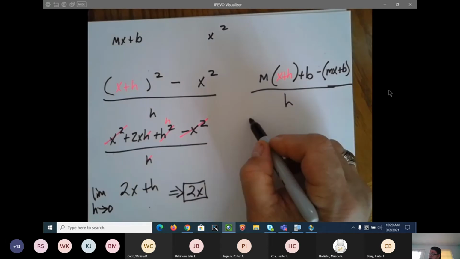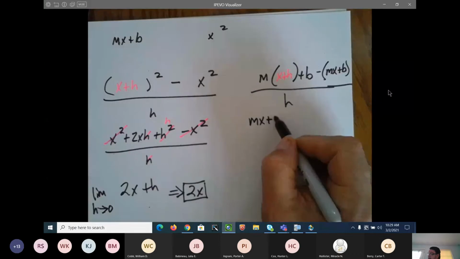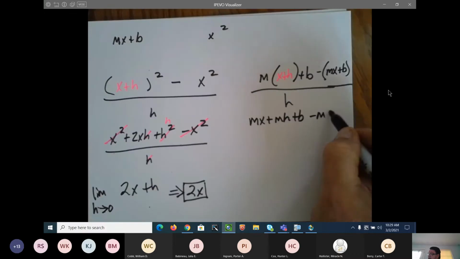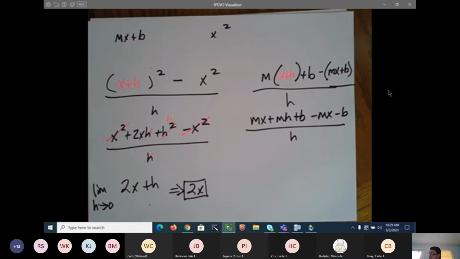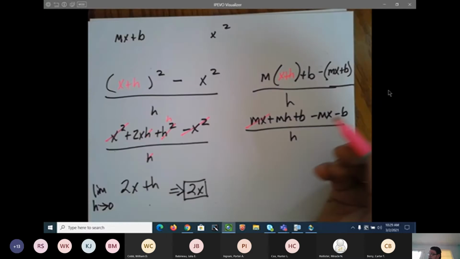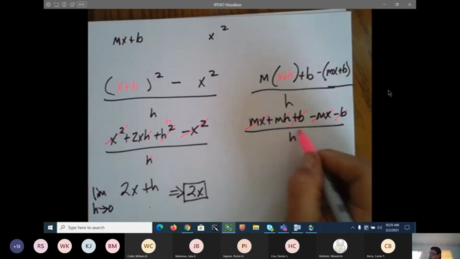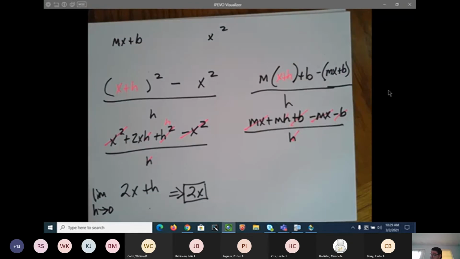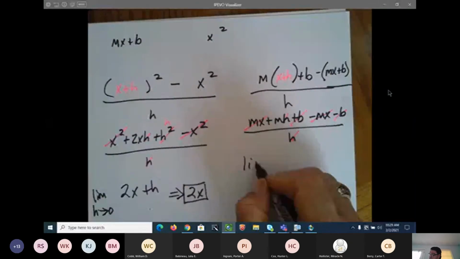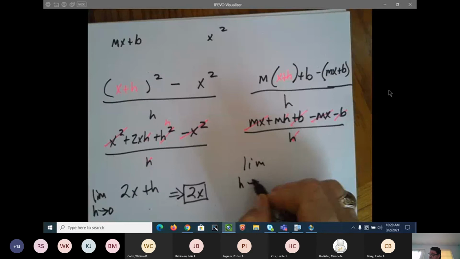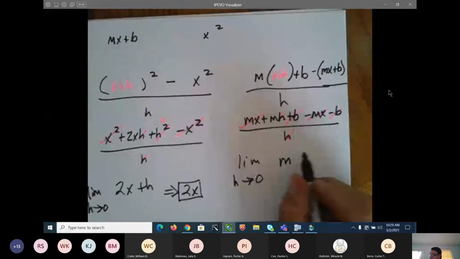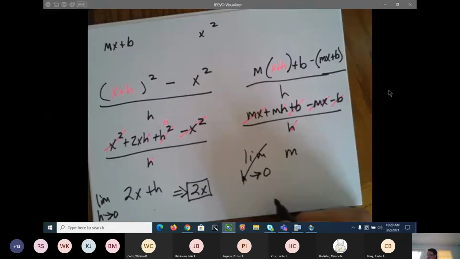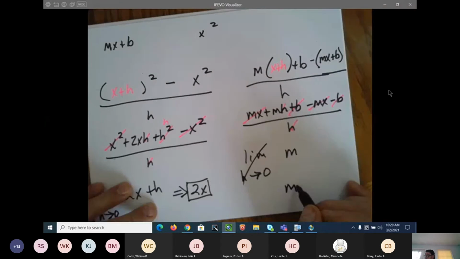And mx plus mh plus b minus mx minus b over h. The x's cancel, the b's cancel, the h cancels there, and you're going to get m. So limit as h approaches 0 of m. There's no h, so this just goes away, and you're left with m.